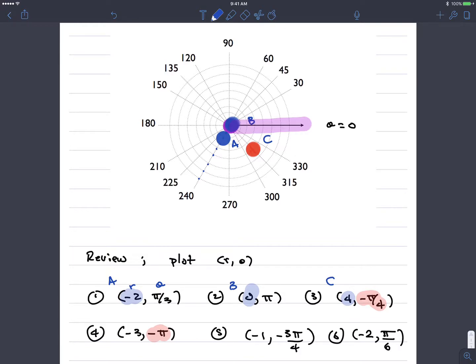Where is negative pi going to be? Anybody know where negative pi is? We start at 0, and let's rotate what? We're going to rotate clockwise. This is where negative pi would be. So let me actually label that axis and say if we start with the polar axis and we rotate negative pi, again, this is my detailed axis here.